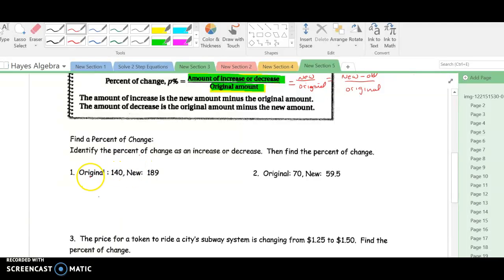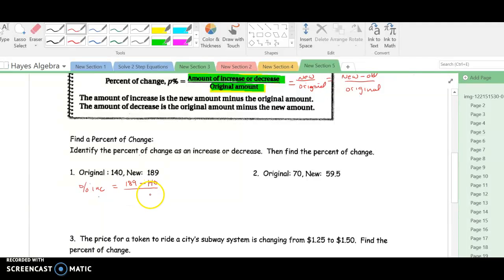So here, if your original amount was 140 and your new amount was 189, right? Did that go up in value or down in value? Well, it went up in value, right? So we know it's a percent increase. And to figure that out, we're going to do the new amount, 189, minus the old amount, 140.